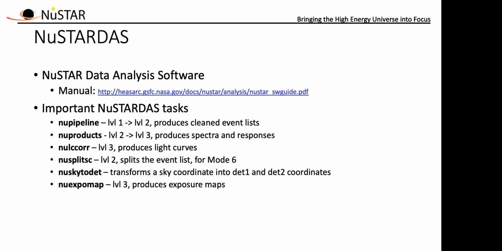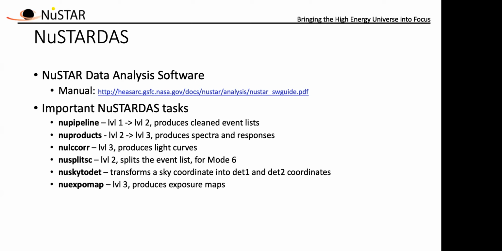And there are a couple of other ones. There is one that makes light curves. I'm not going to read them, they're little. So they have nulccorr, which does light curves. It is better to do light curves using this task than it is using, for example, XSelect. You can do light curves in XSelect too, but they're not accurate.